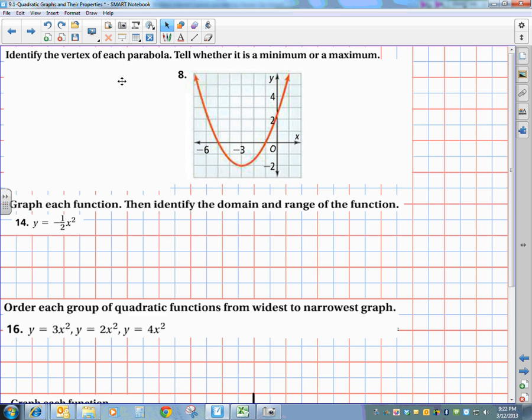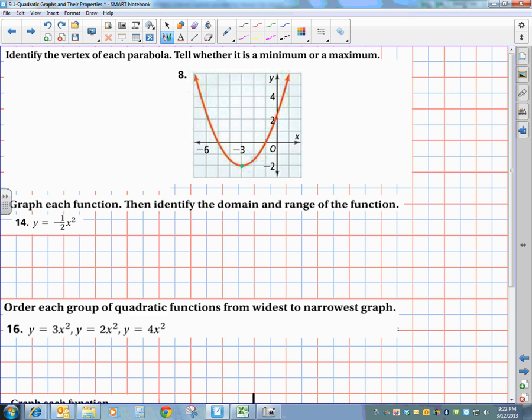So to start off with, number 8, identify the vertex of each parabola. Tell whether it is a minimum or a maximum. So I look at my parabola and identify the vertex. It's that lowest or highest point on my parabola. Starting at my origin, it's at 1, 2, 3, down 2.